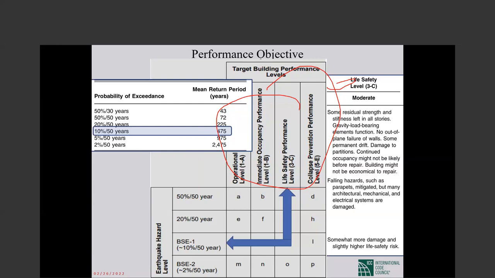In linear analysis, the demand to capacity ratio, the DCR, shows how much damage there is. This is the deformation control parameter. And we have the m factors instead of that R, element by element for each.